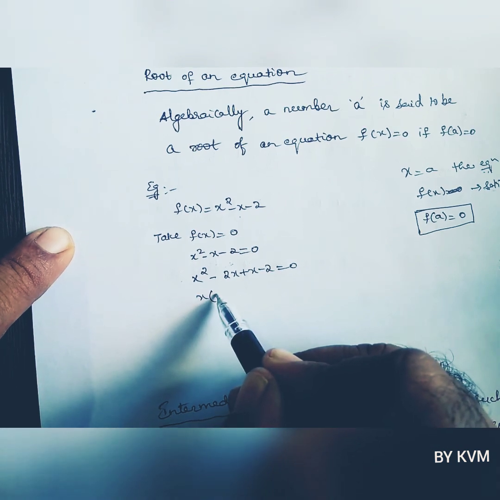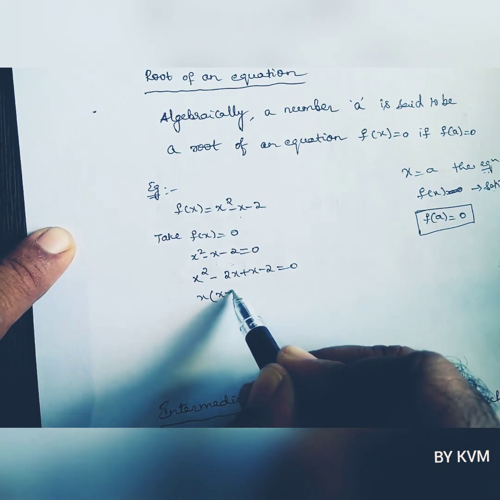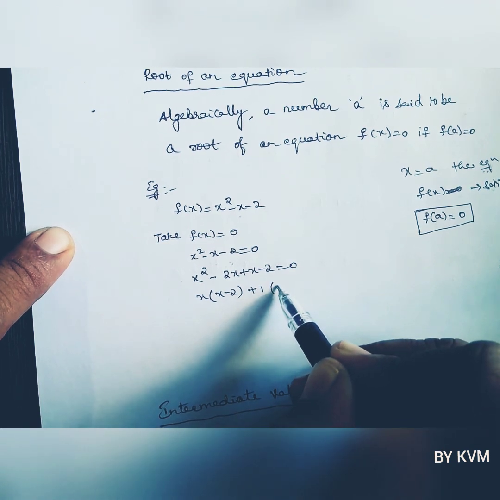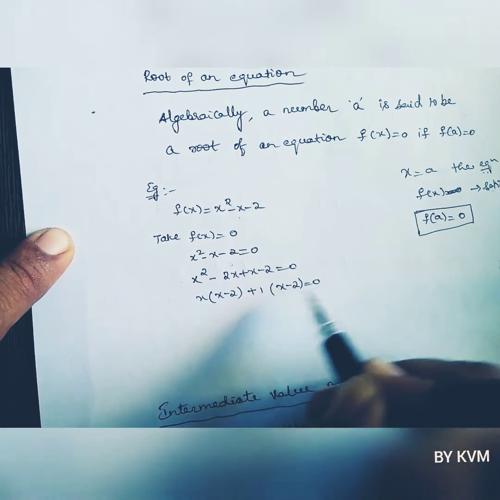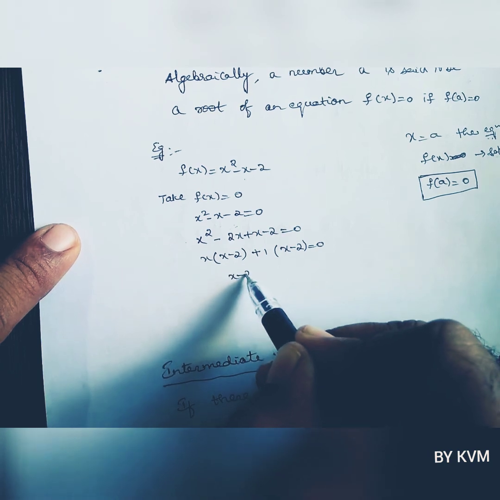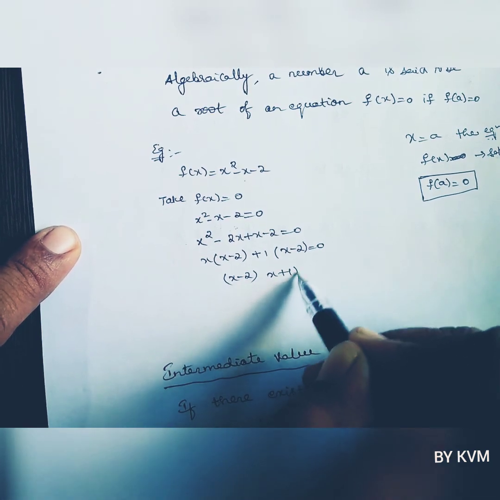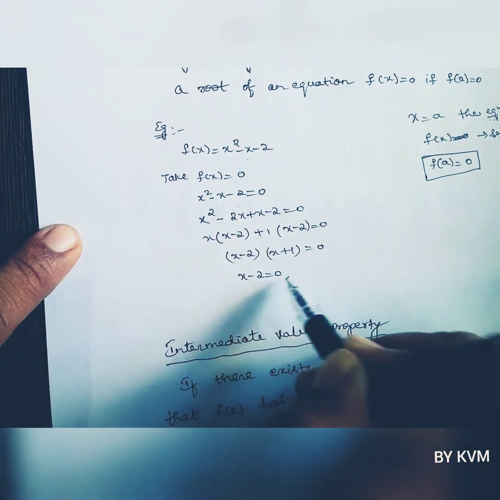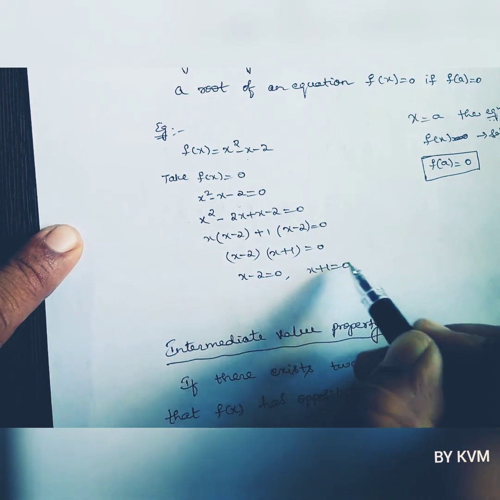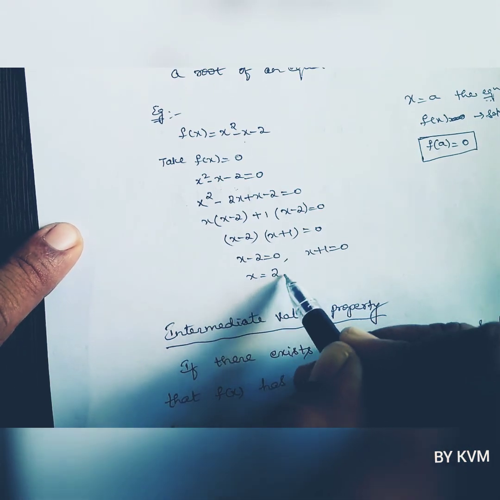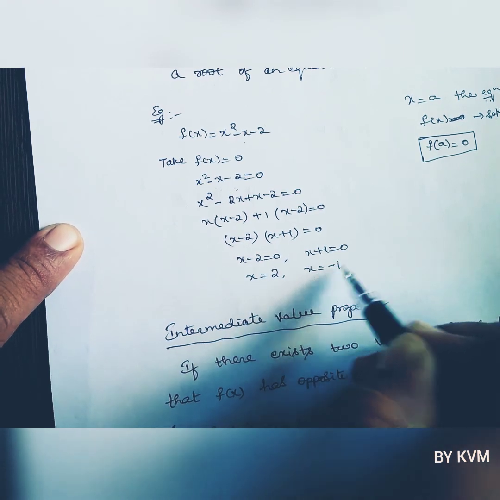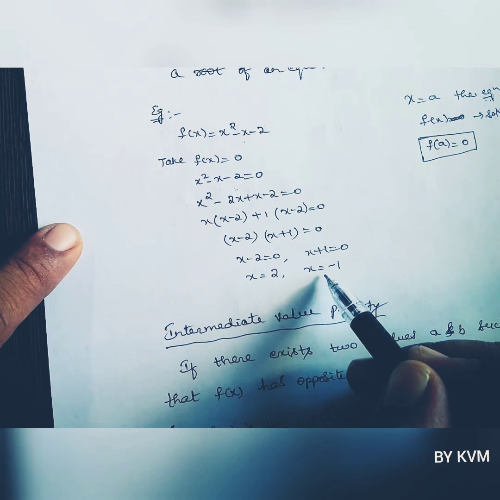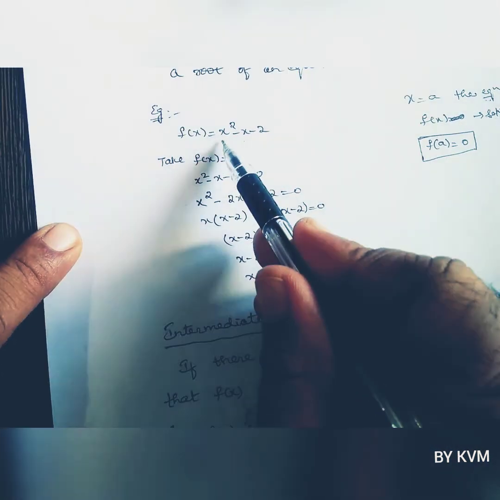So x is common from the first two terms, x minus 2, and plus 1 is common from the last two terms, x minus 2. So (x minus 2)(x plus 1) equals 0. So x minus 2 equals 0 and x plus 1 equals 0. So x equals 2 and x equals minus 1.